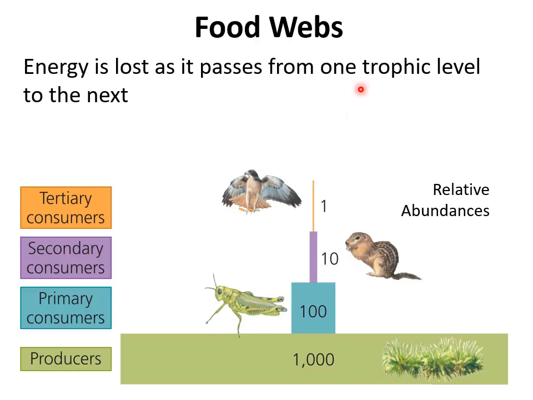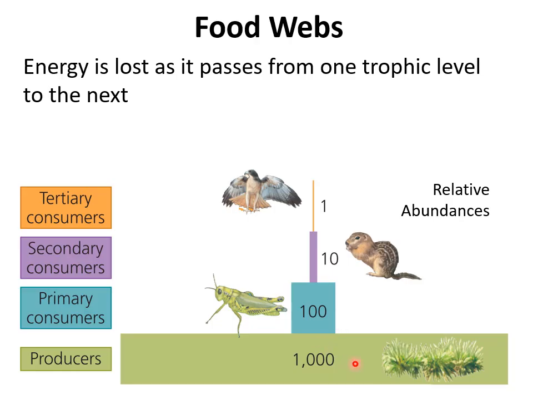And energy is going to be lost as it passes from one trophic level to the next. Can you guess how much energy is lost at each level? Well, what we find is that 90% is lost as heat at each level, and only 10% moves on to the next level as food energy.